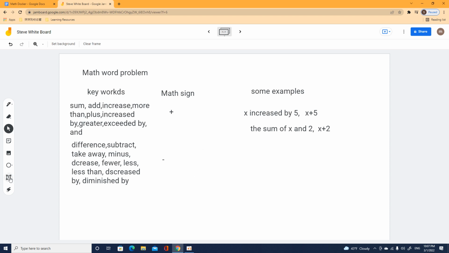I also give you some simple examples, such as 4 less x. That means 4 minus x.